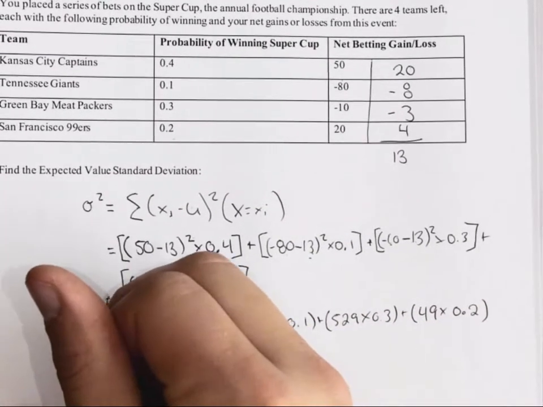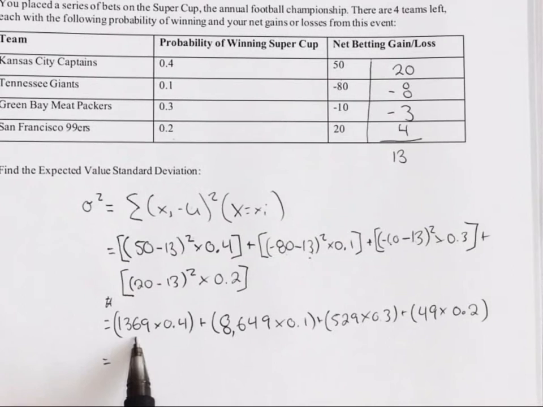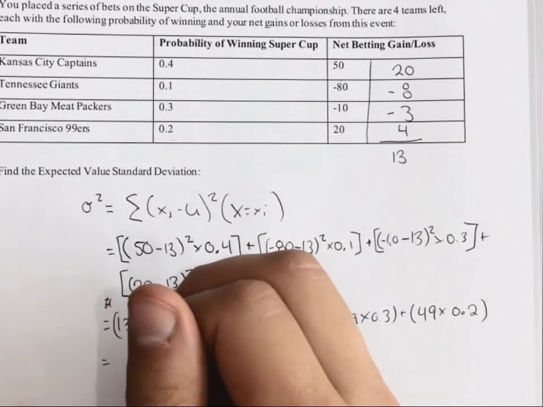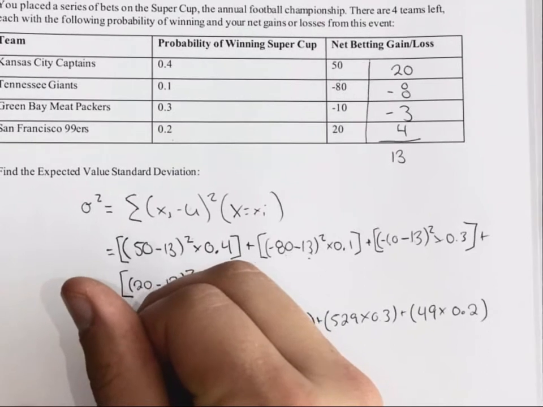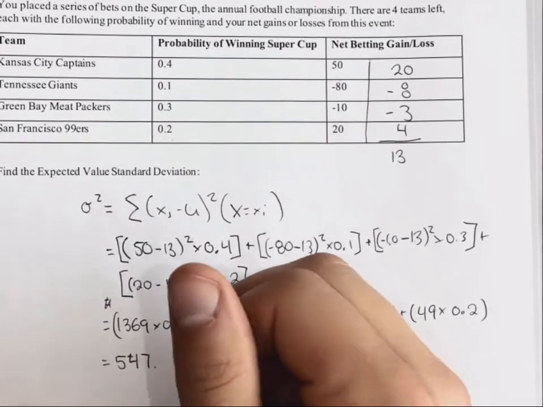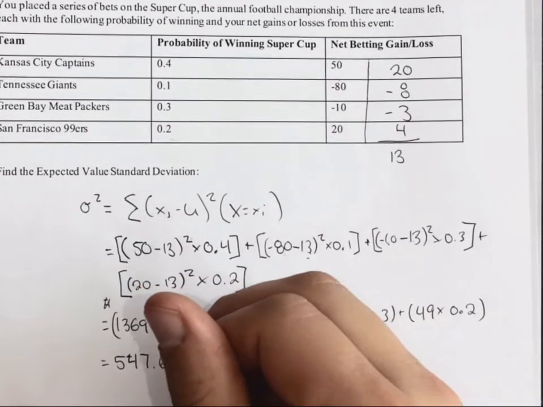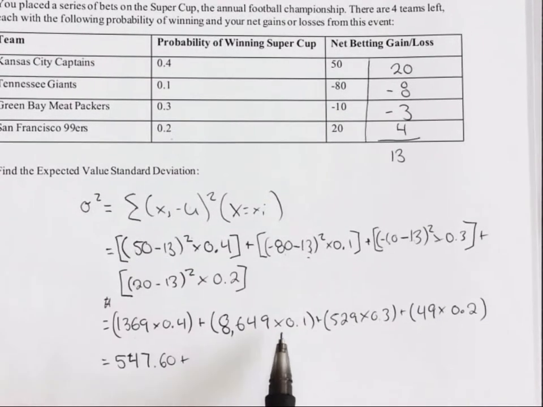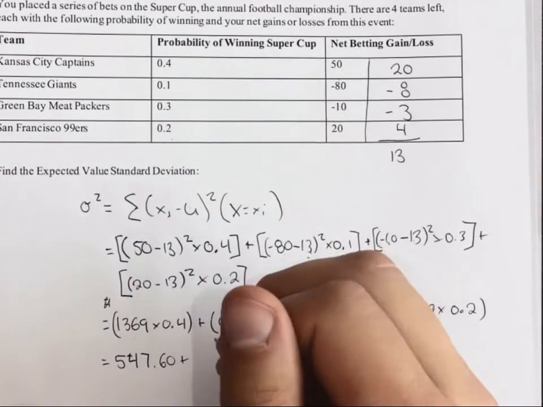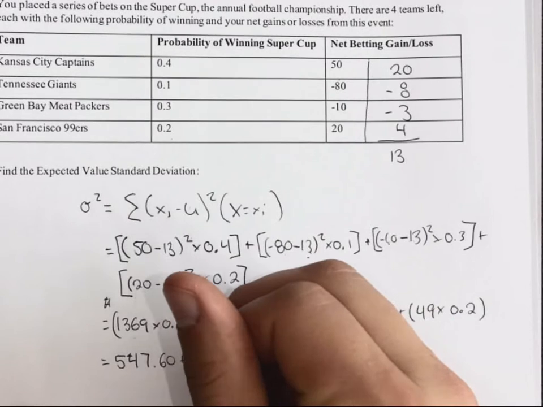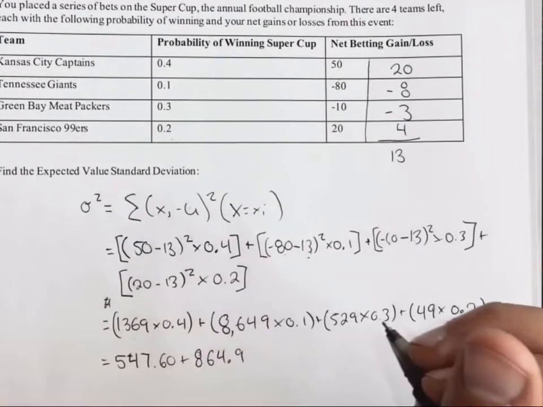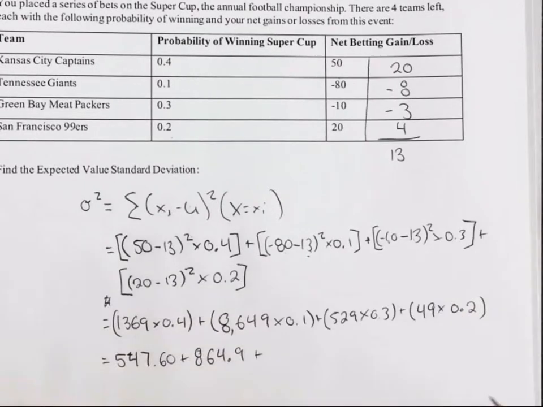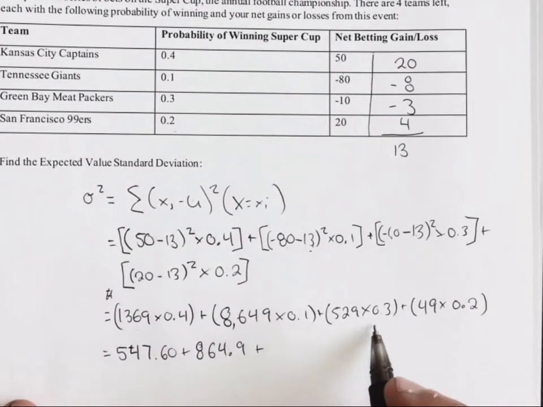We can continue the math here. So 1369 multiplied by 0.4 is 547.60, plus 8649 multiplied by 0.1, 864.9, plus 529 times 0.3.